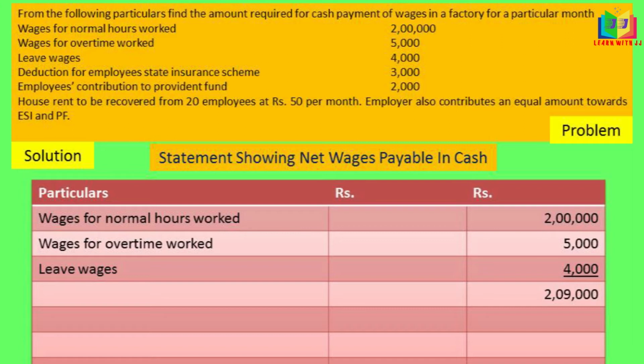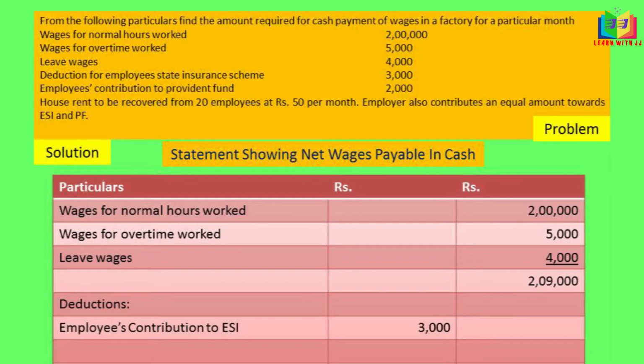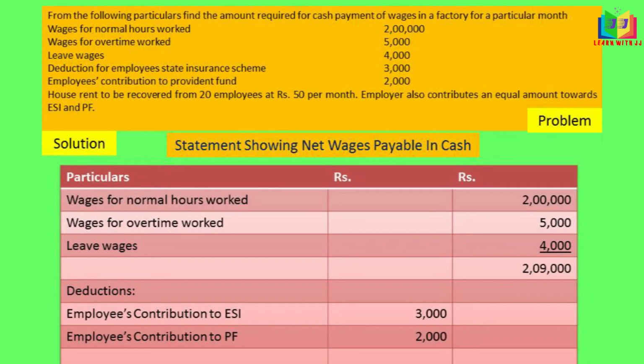The other things, that is deduction for employee state insurance scheme, they will collect from the employee, so we have to subtract this 3,000 rupees. Similarly employees contribution to provident fund, the employees will contribute this 2,000 rupees for provident fund, and this is also to be subtracted from the cash required.